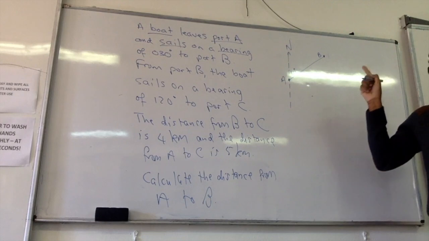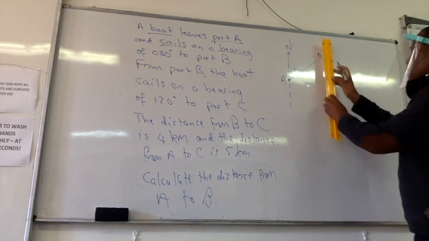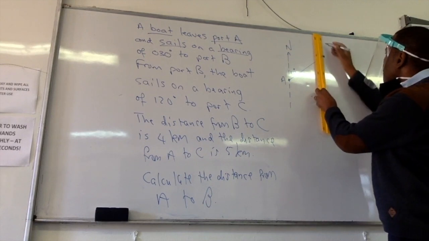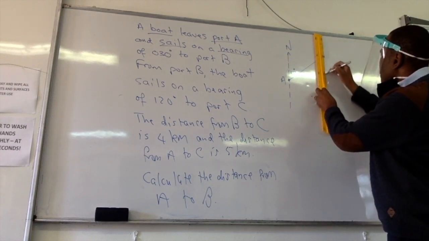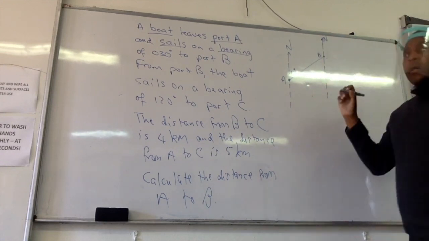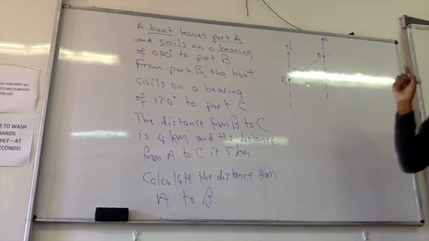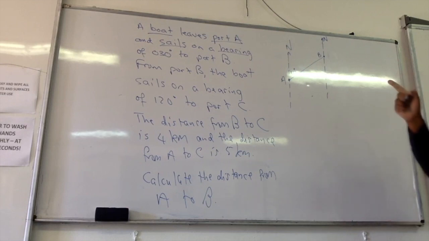Now you're going to be sailing again from B to go to C. So do the same thing. Where is the north? From there. So please draw your north, but make it dotted. So that is our north. Then it says the boat is sailing on a bearing of 120 degrees.